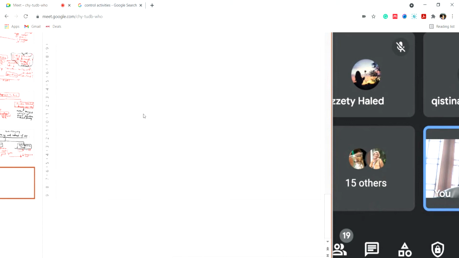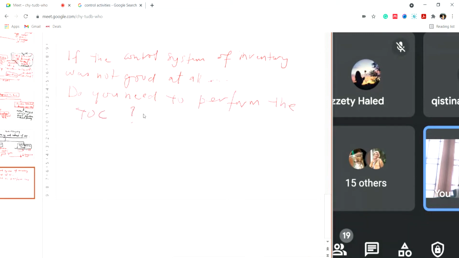My question is, if the control system of inventory was not good at all, so this is a statement: if the control system of inventory was not good at all, do you need to perform the substantive test? Question. Anyone to try?